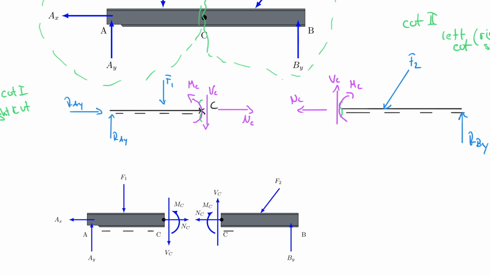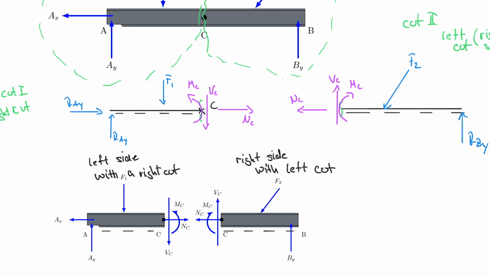So let's use this picture here to clarify that we're talking about the right side with left cut. And here on the other side, we're talking about the left side with a right cut.